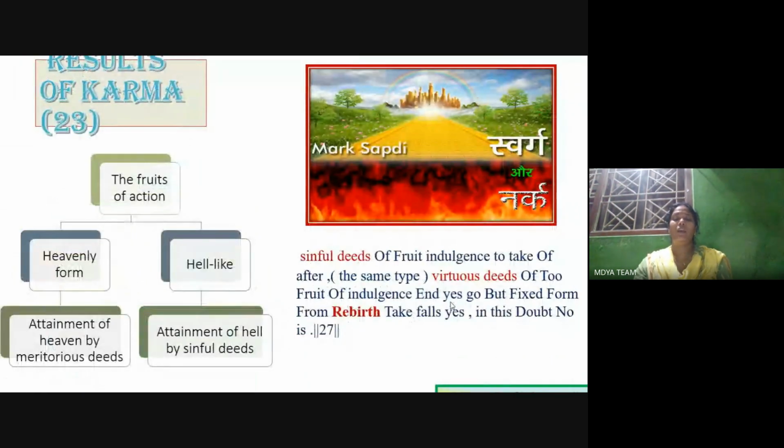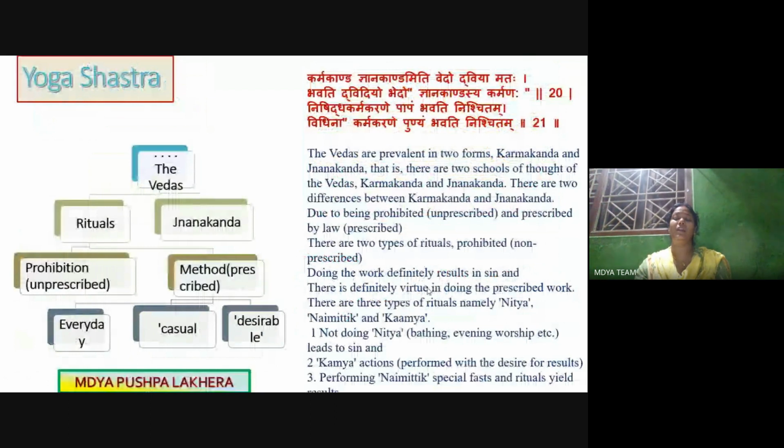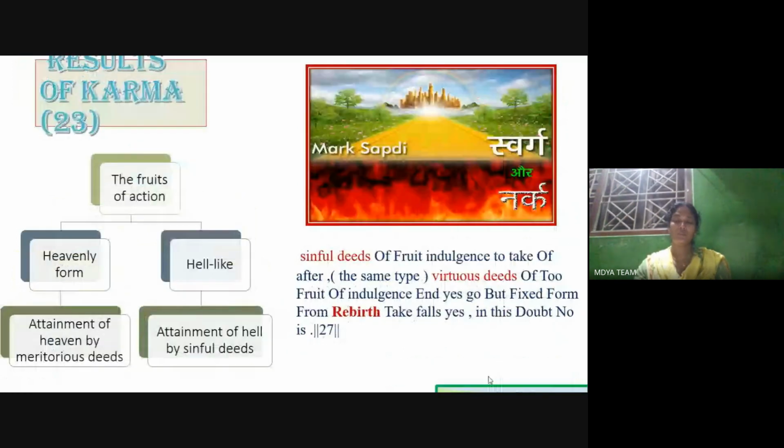Next, in kamya, one performs work by desiring the fruit. Again, Lord Shiva tells here that the result of karma, the fruit of action, is heaven or hell, स्वर्ग or नर्क.